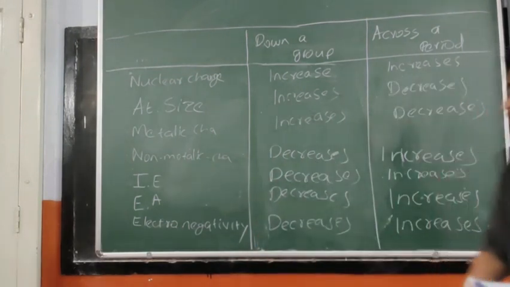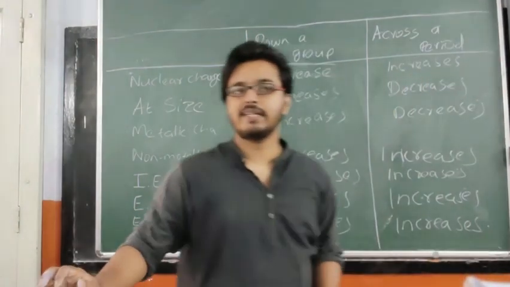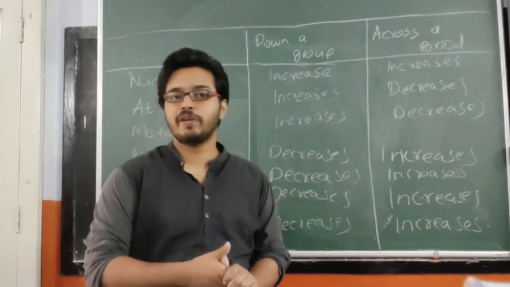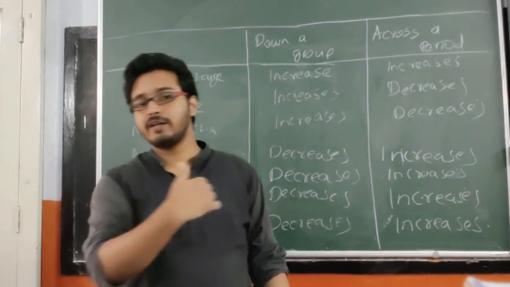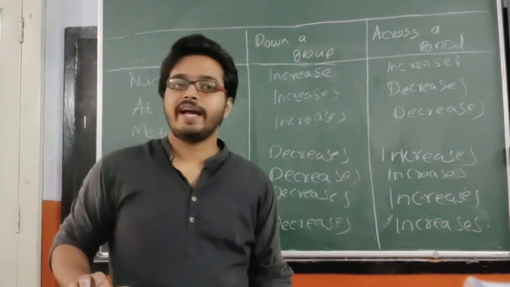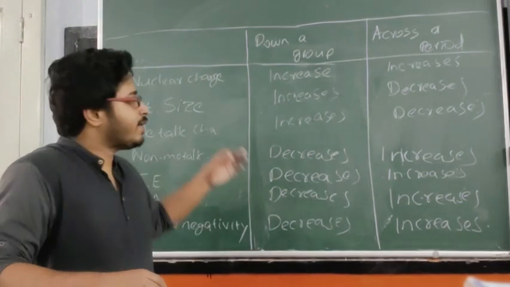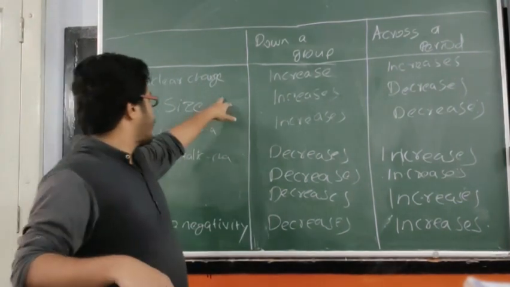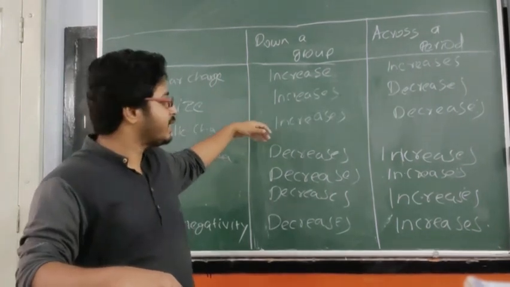So if you know this table, you can answer the most important question, that is what happens to the periodic trend when we are moving across a period or down a group, and the reason behind it. If they are asking about the reason, you are supposed to explain based on atomic size first.